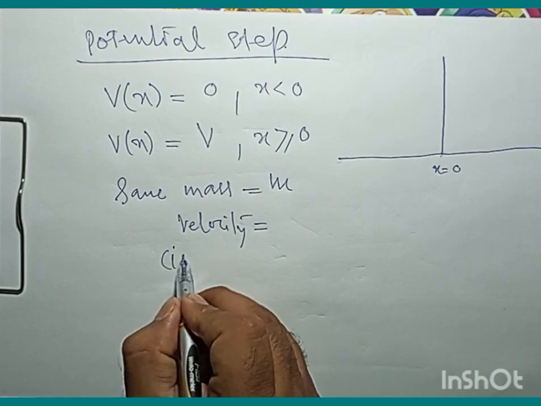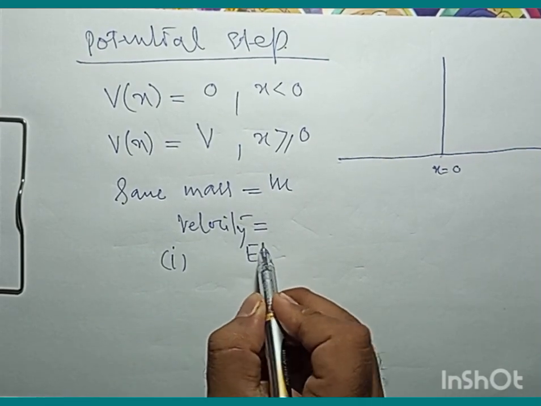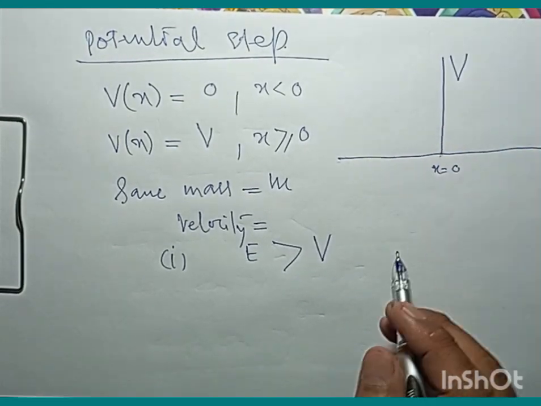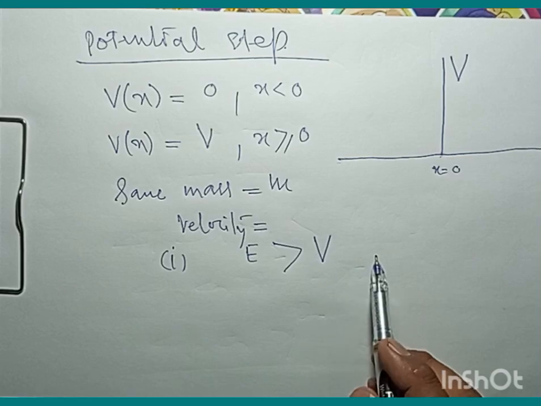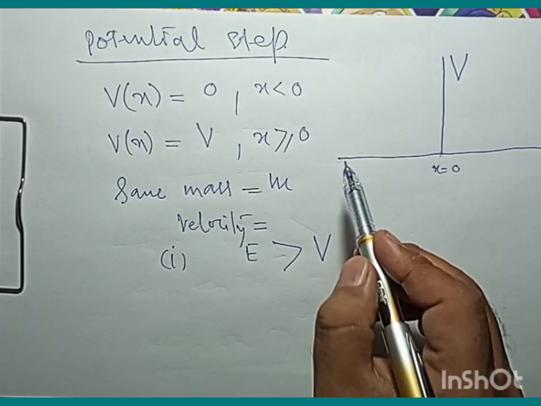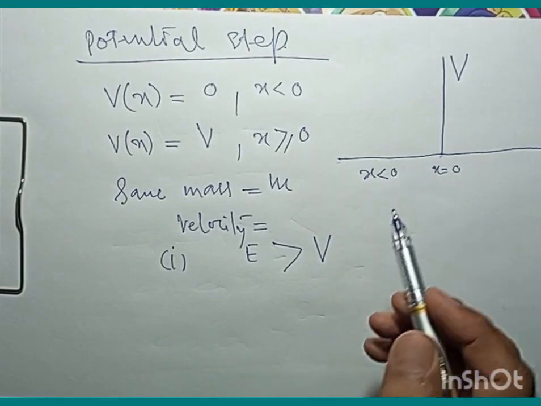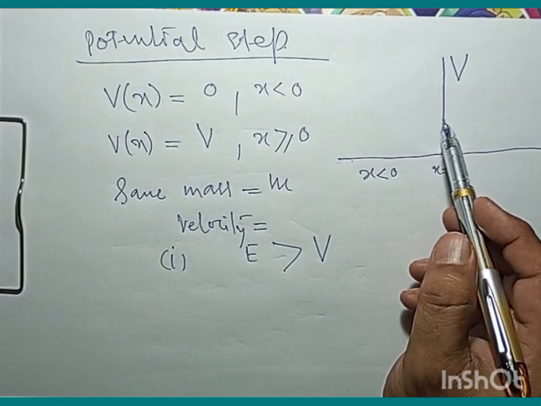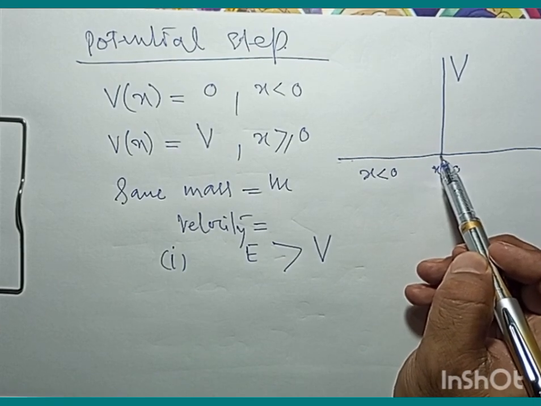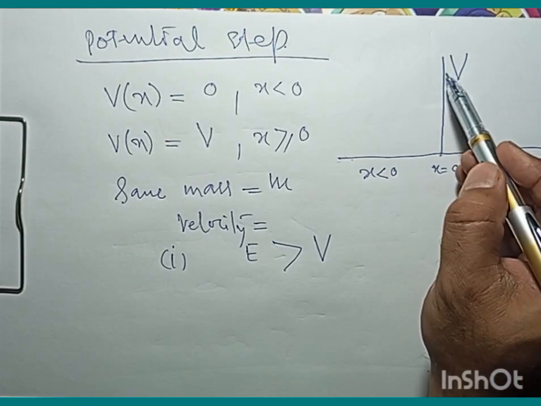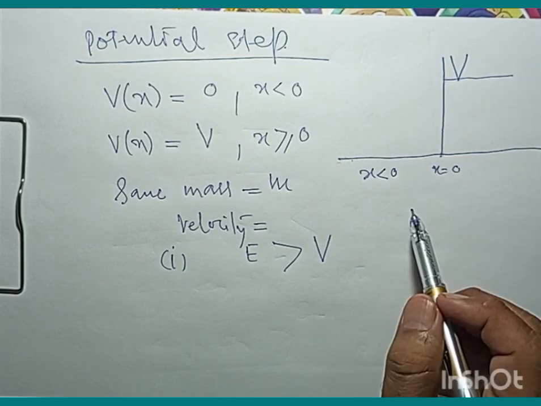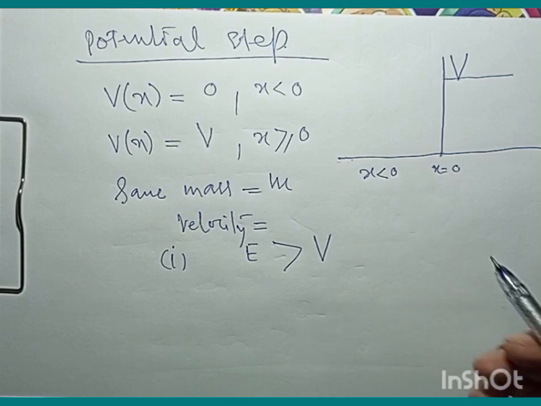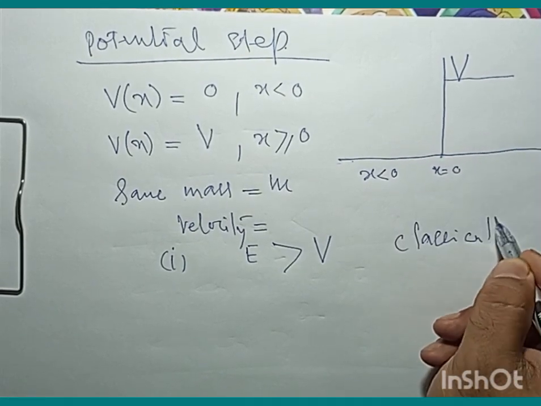The very first case is that the total energy of the particle is greater than V. In this case, the particles are free in the region x less than 0, and they feel the repulsive potential that starts at x equal to 0 and stays flat for x greater than 0. We would like to analyze the dynamics of this flux of particles classically as well as quantum mechanically.